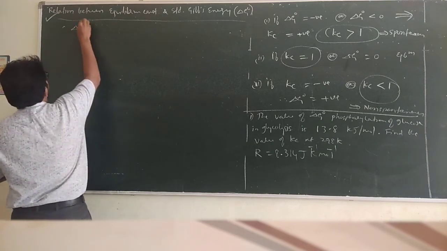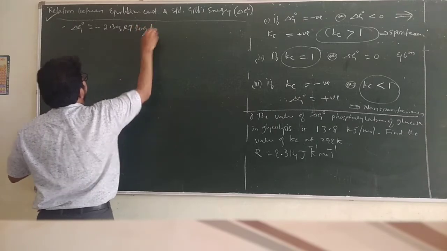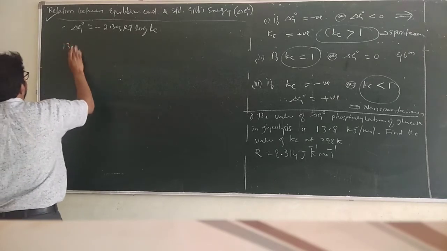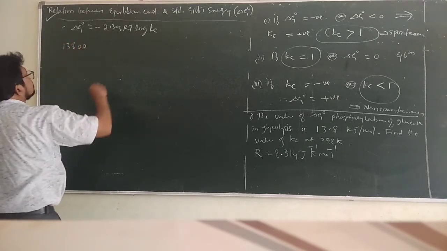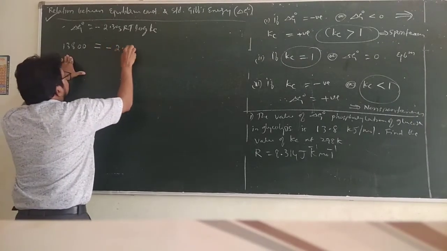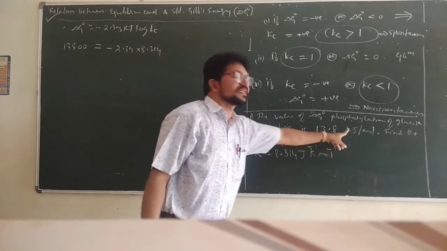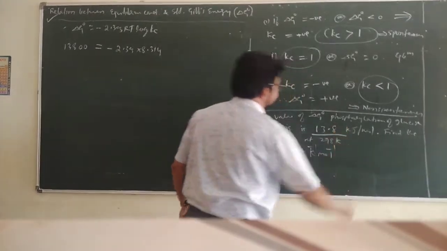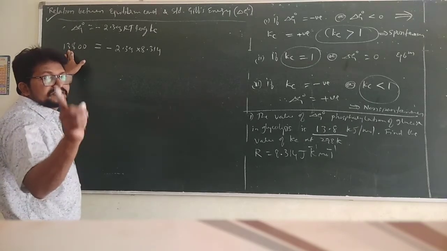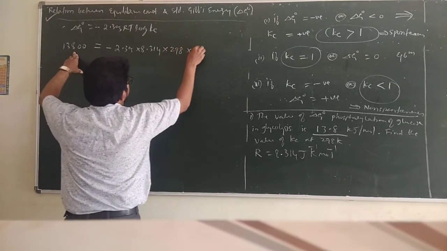Delta G naught equals minus 2.303 RT log Kc. So it is 13.8 kilojoule, which you can write in joules: 13,800 equals minus 2.303 into 8.314 into 298 into log Kc. R is in joules, so kilojoule has to be converted: 13.8 into 10 raised to 3 becomes 13,800.